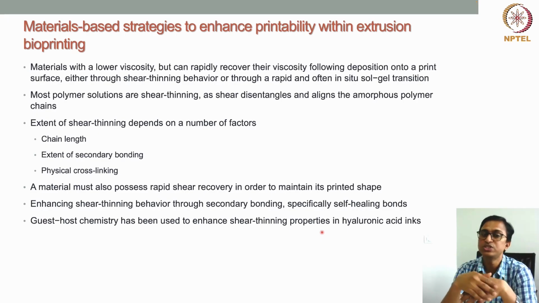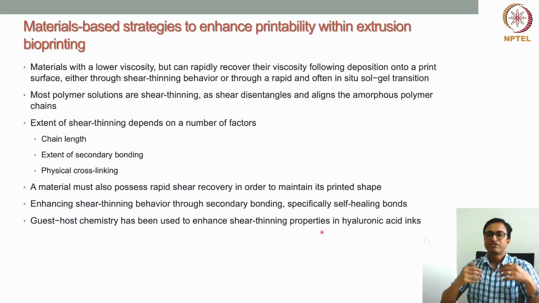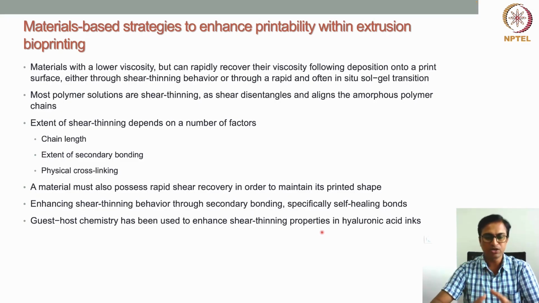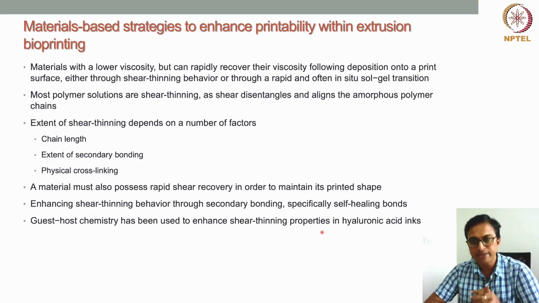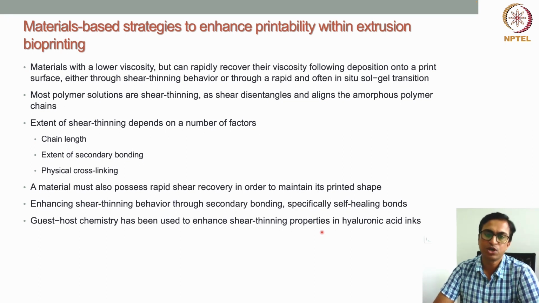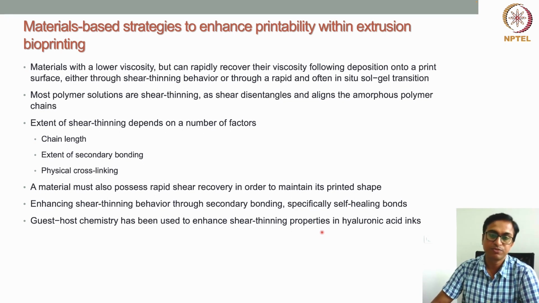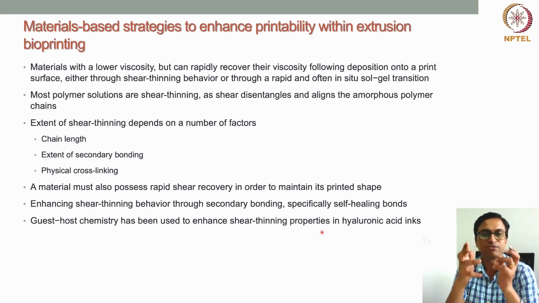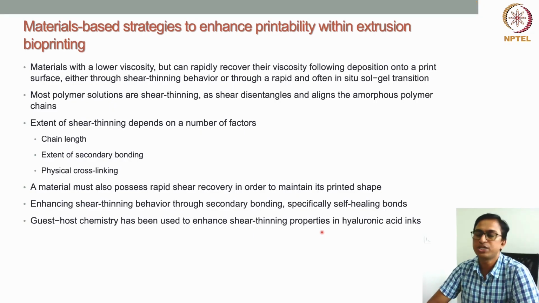So if we use a material with very high shear thinning behavior, the viscosity is low when it is coming out of the nozzle, which helps to extrude the material at low extrusion pressure. But after it comes out of the nozzle, the viscosity goes high again. That will hold the shape together, prevent deformation and spreading of the material, and facilitate self retention.